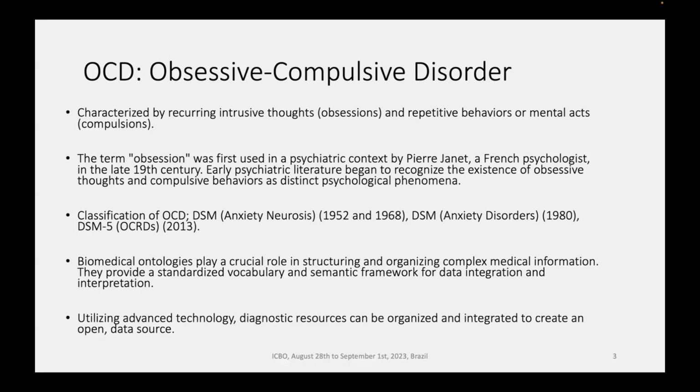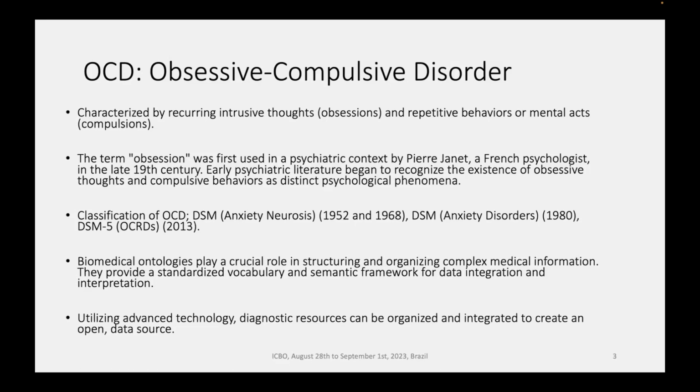And OCD was characterized in the Diagnostic and Statistical Manual of Mental Disorders as anxiety neurosis in 1952. The categorization was updated in 1985 to be a type of anxiety disorder, and this category is still there in some biomedical ontologies.